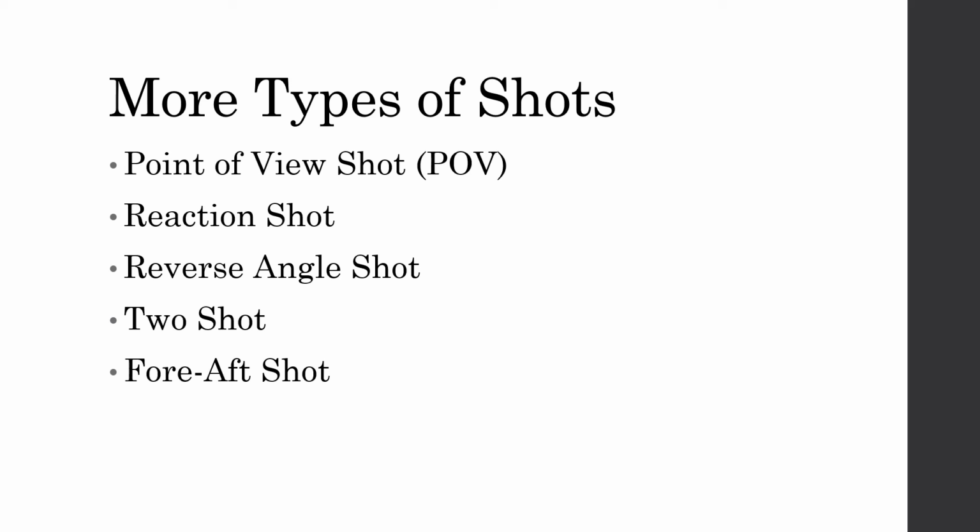Reverse angle shot, two shot, just when the two people are on screen at once. There are all these different types of shots, and there are more that I haven't listed. And these are things you can look up to better understand how to make your film.